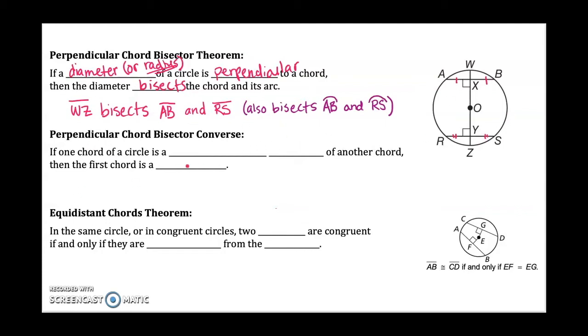So then the converse of that would be that if one chord is a perpendicular bisector of another chord, then the first chord is a diameter. And again, we may not have the full diameter drawn, so really what this tends to mean is we know that that chord goes through the center of the circle.